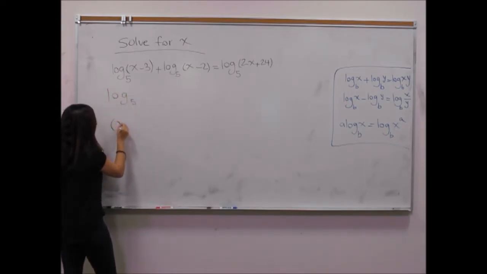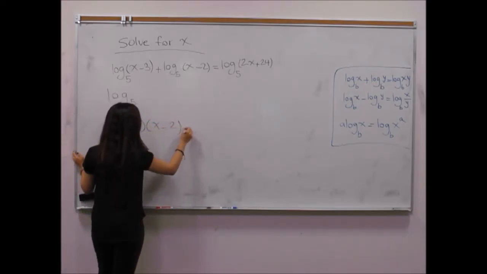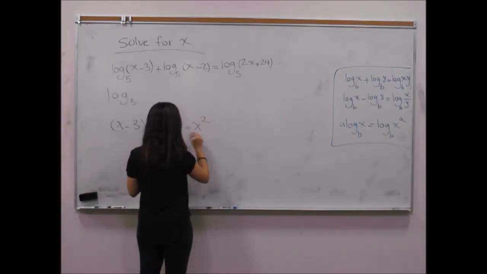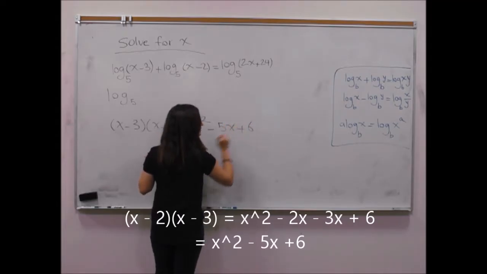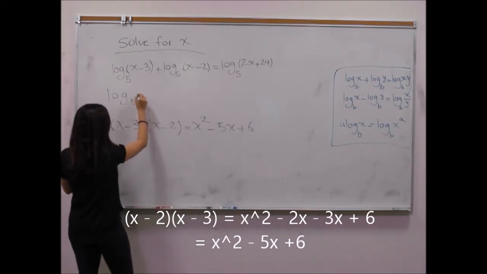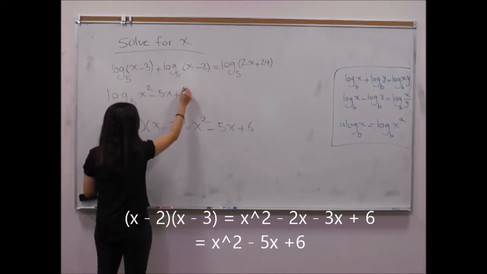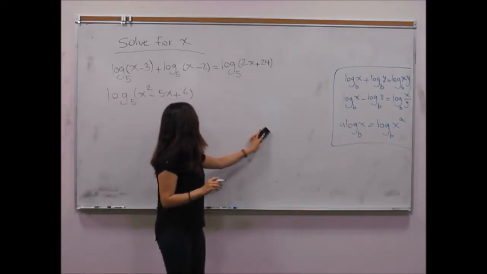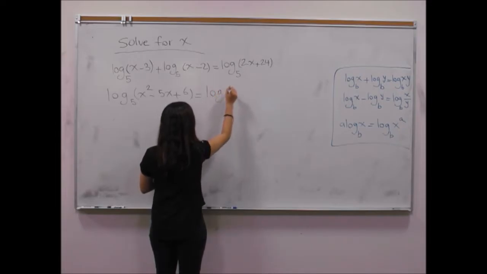X minus 3 times x minus 2, using the FOIL method, would give me x squared minus 5x plus 6. So I'm going to write that here. X squared minus 5x plus 6. And then the right side will be the same.